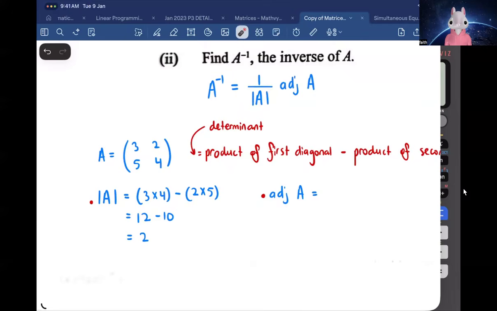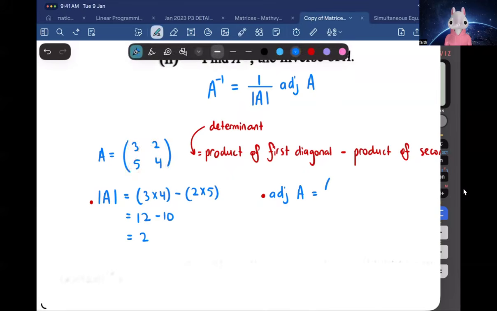So what we're going to do is swap the first diagonal and then change the signs for the other diagonal. So I'm going to swap the 3 and the 4. I'm going to write 4 here and 3 here. Then I'm going to change the signs for the other diagonal. So this 2 is going to turn to what? Negative 2. And that 5 is going to turn to what? Negative 5.